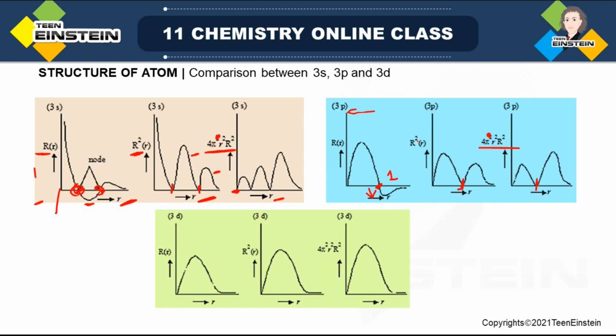Because when you consider the 3d, as there is no node, whether you take R or R square or whatever, in all these cases it looks same. So see, these three are actually same. So in this way we can compare 3s, 3p and 3d, and how the nodes are changing, how the graphs are changing. It depends on what you have chosen in the y-axis.